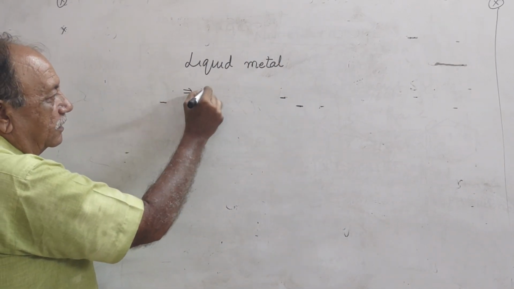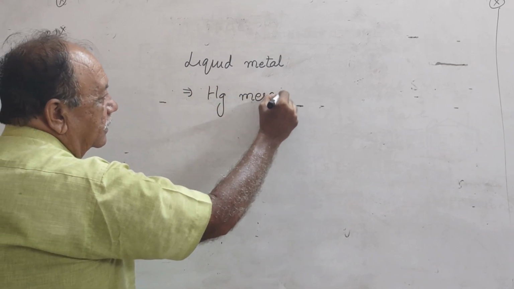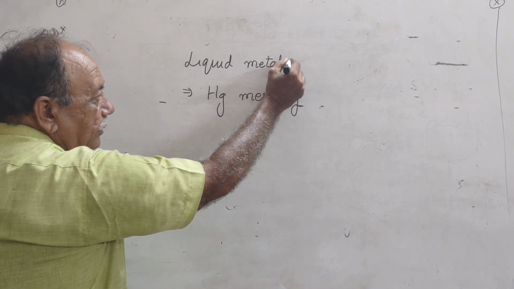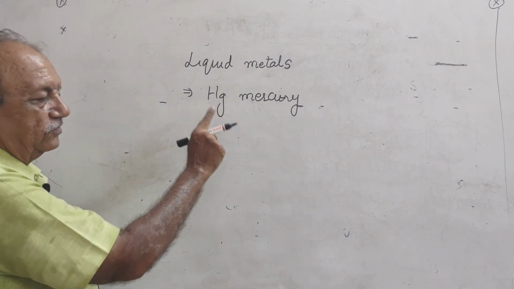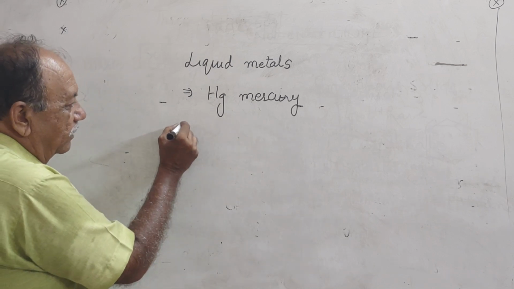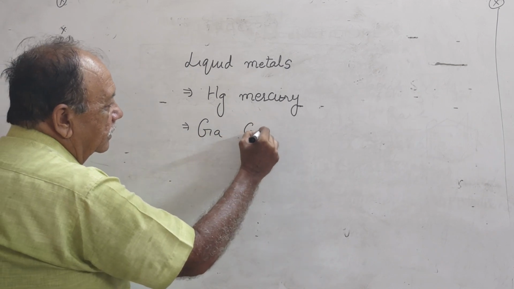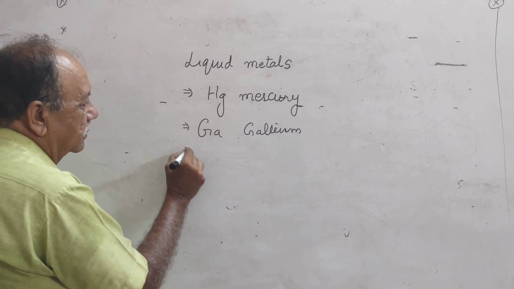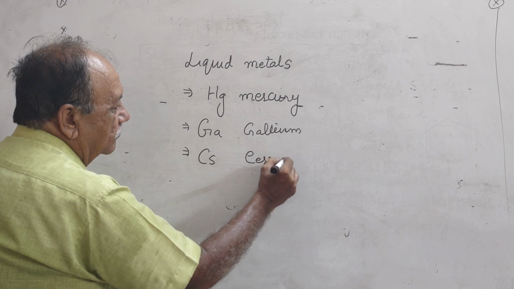Mercury is liquid at room temperature. Other examples are Ga, gallium, and Cs, cesium.